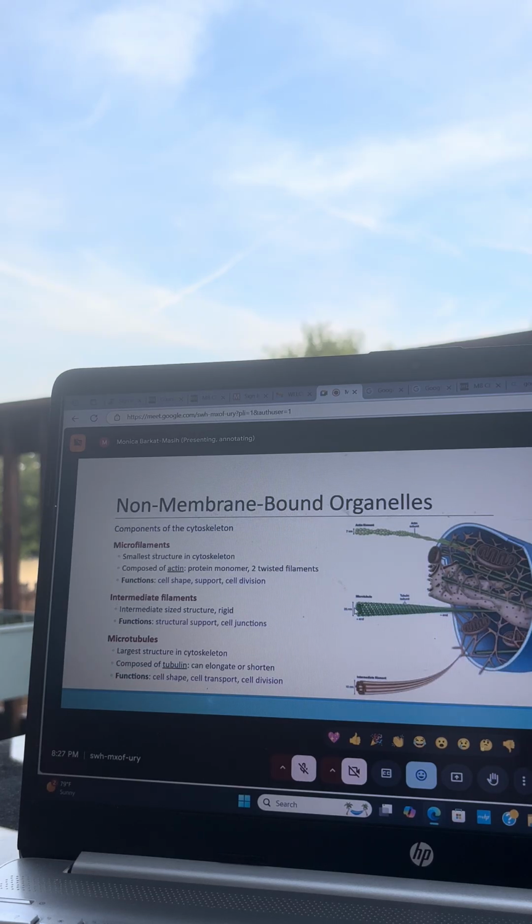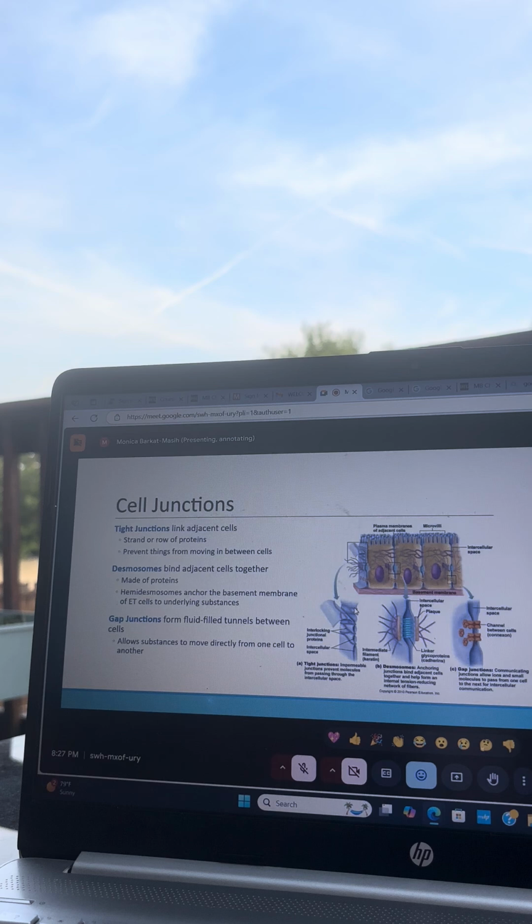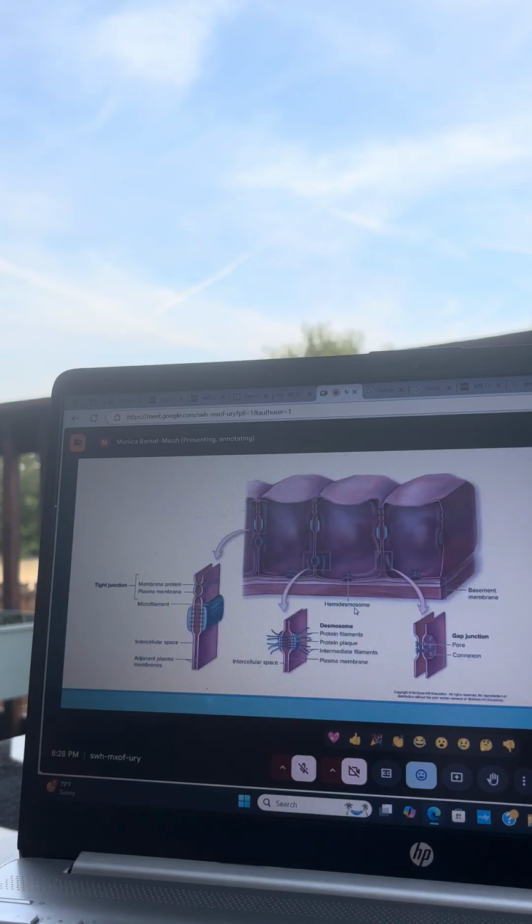Membrane bound and non-membrane bound, everything. Then what are the types of cell junctions? See, I've skipped those slides. That doesn't mean it's not there on the test, but that's something you guys have done and that's just for you to memorize.